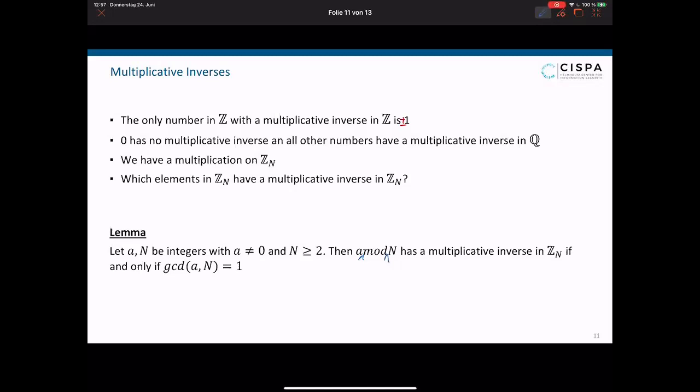So this gives us a very nice characterization of which elements in Zn have multiplicative inverses. GCDs can be computed easily. By the way, let's do an example afterwards of how we will use this to compute multiplicative inverses, but let's first go into the proof of this, which is rather simple.